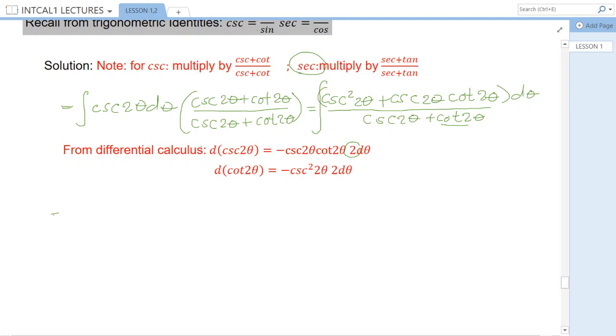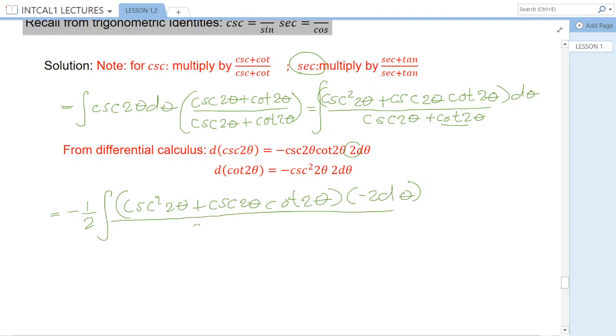Okay, so manipulating again the equation, that is negative 1 half. Copying that, that is cosecant squared 2 theta plus cosecant 2 theta cotangent 2 theta, multiplying it by negative 2 d theta, divided by cosecant 2 theta plus cotangent 2 theta.